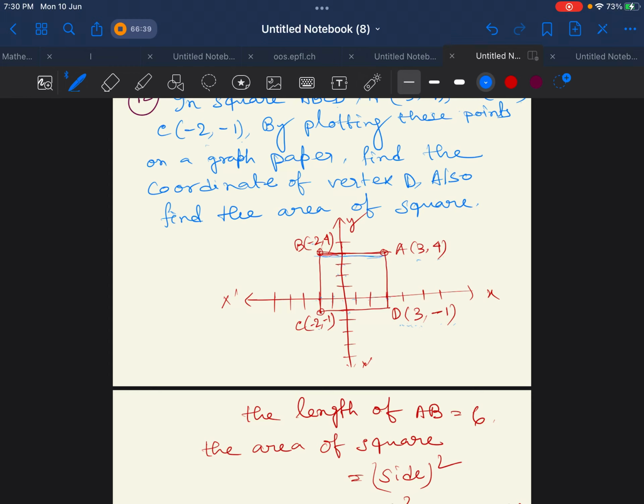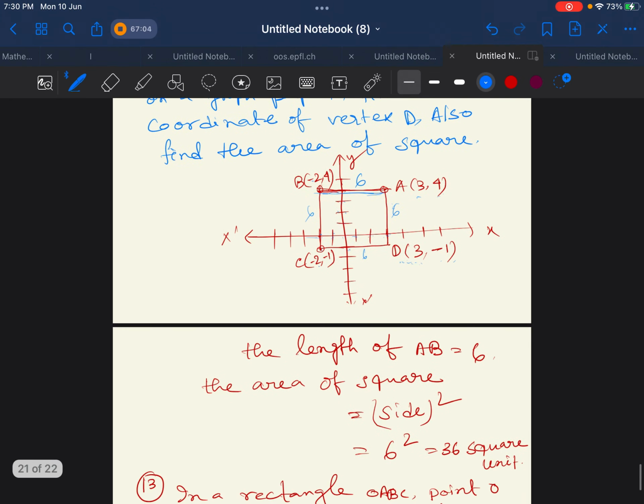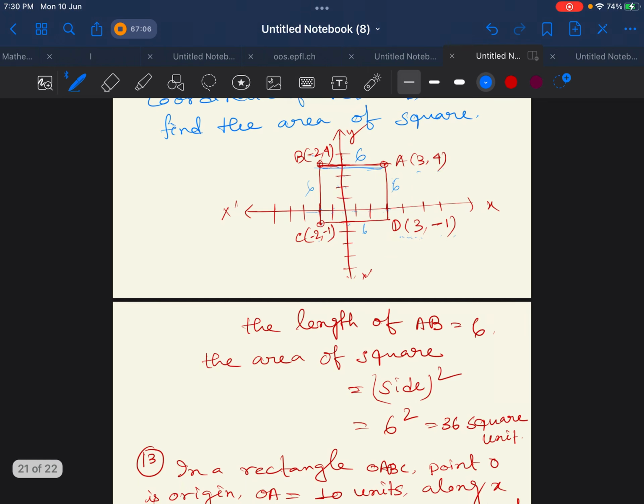Here first we have to know the length of AB. Here this side is 3 and this side is 3. The total length of AB will be 6. In a square all the sides are the same, so this is 6, this is also 6, this is also 6.